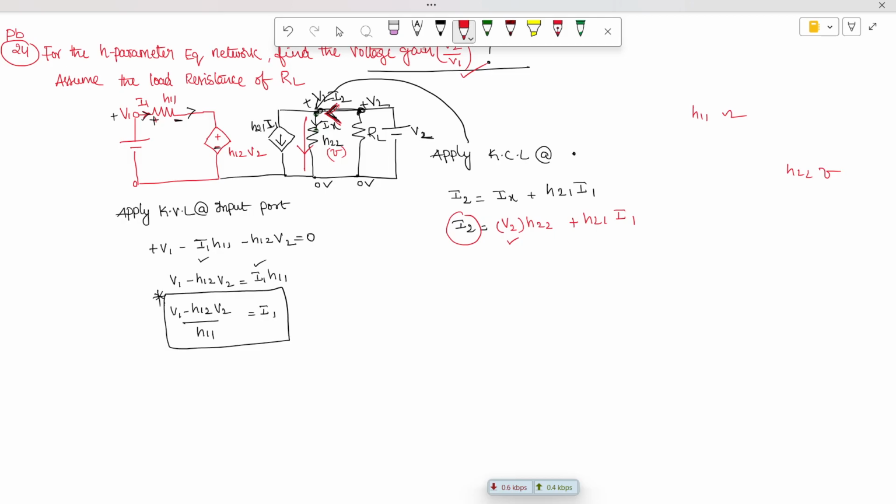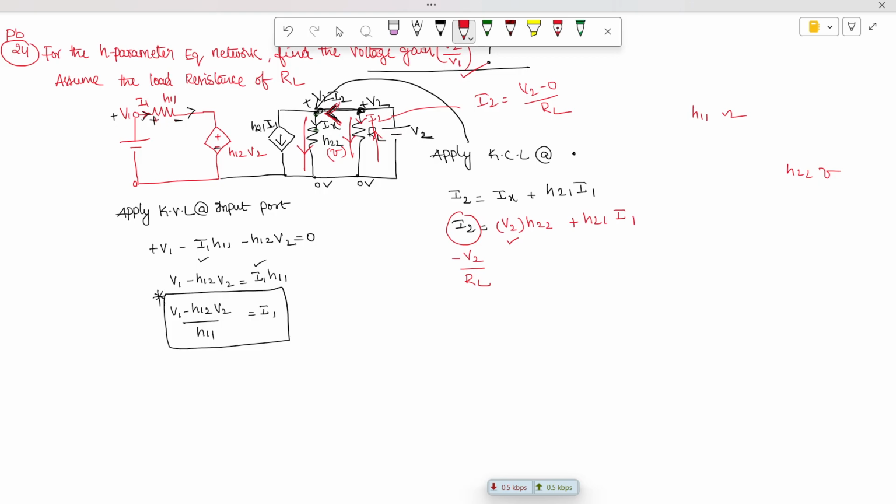Generally, the current I2 is equal to the high potential, V2 minus 0, by RL. But the I2 current we assumed is like this, whereas the current which is flowing comes in the opposite direction. Therefore, we write it as minus V2 by RL.